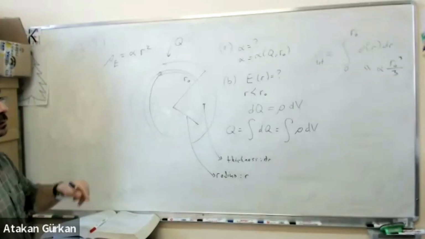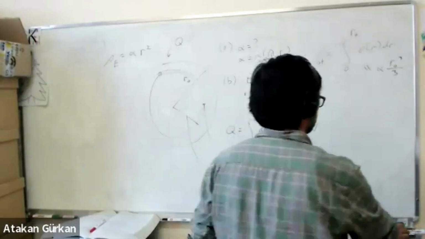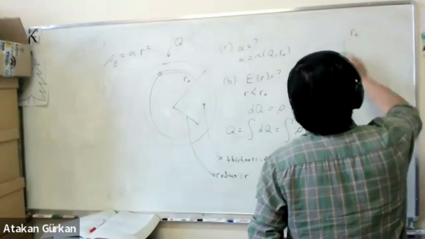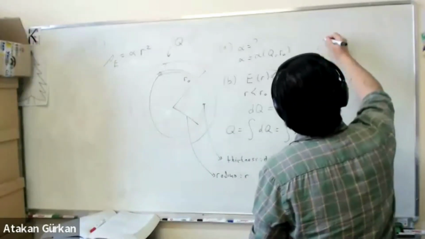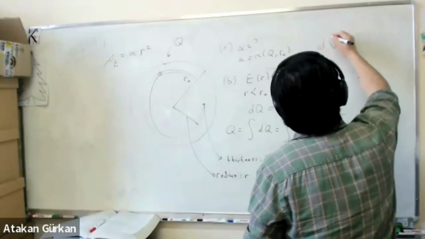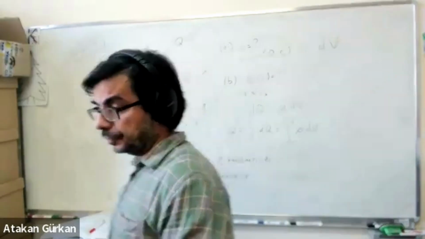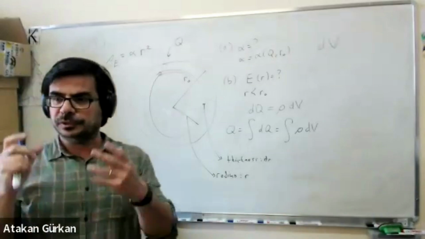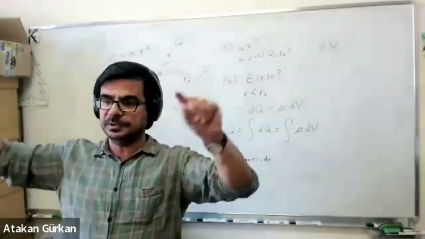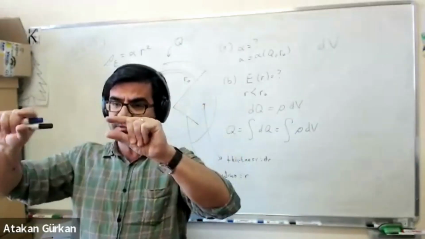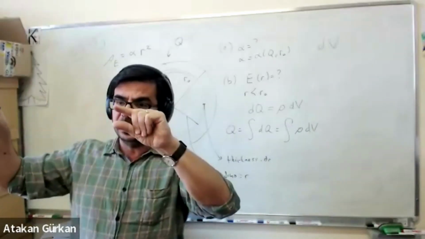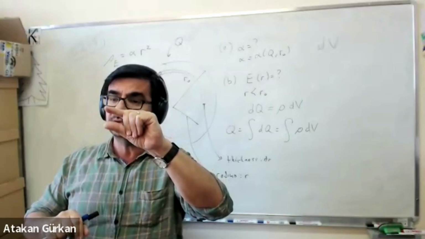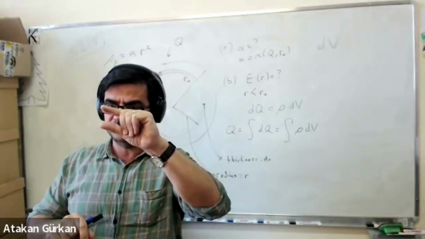Now, how would you write the volume for such a spherical shell? We did this for a circular strip, and now we need to do this for a spherical shell. Remember, for the circular strip, we just opened this up and said that it becomes like a rectangle of thickness dr, and the length of the rectangle is the circumference of the circle that we started with.